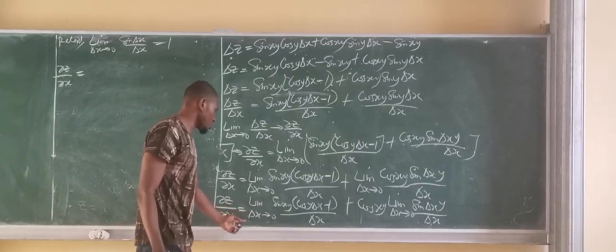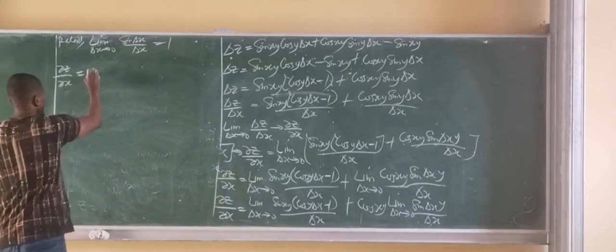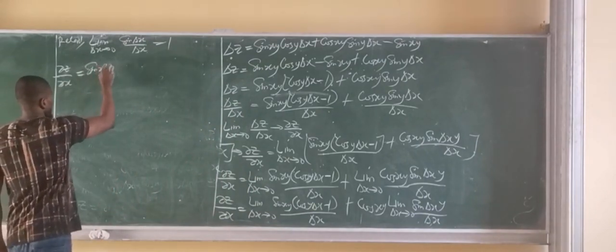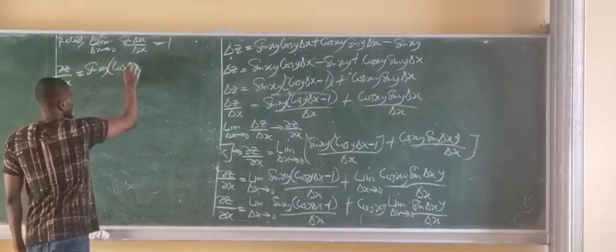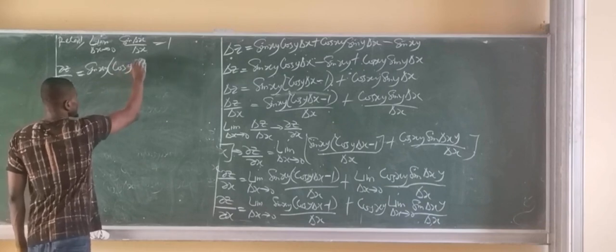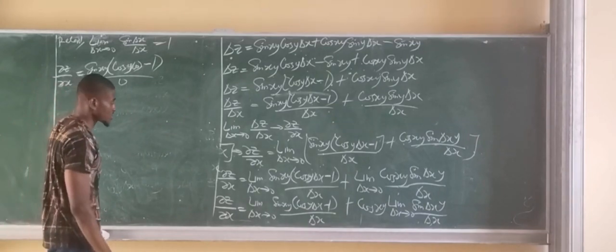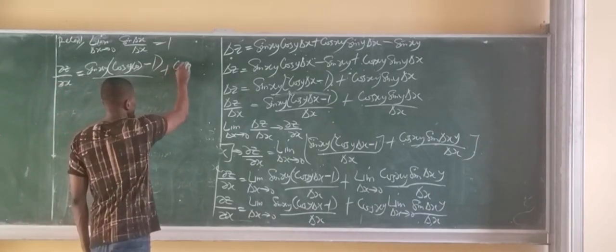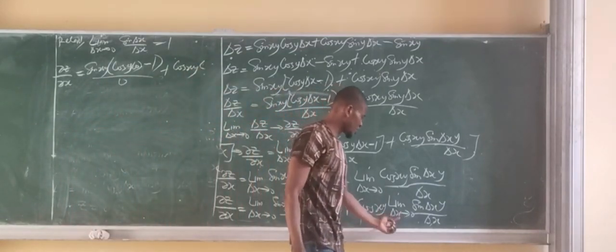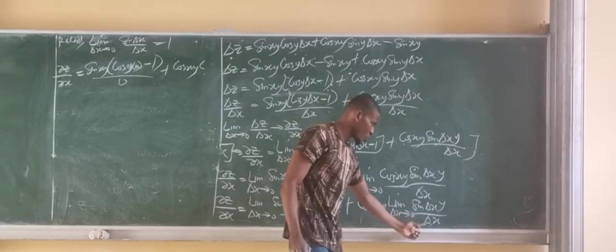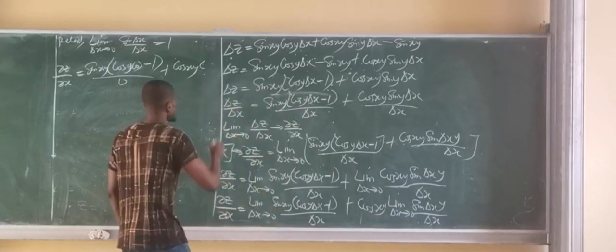As change in x tends to 0, in place of change in x we simply put 0.